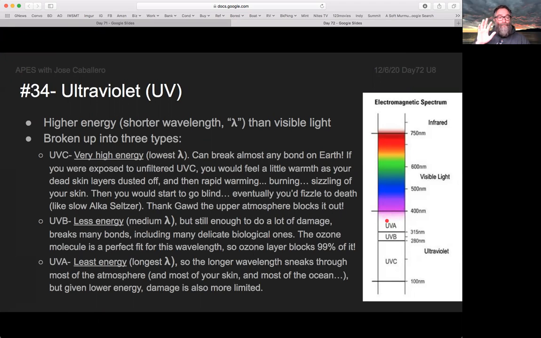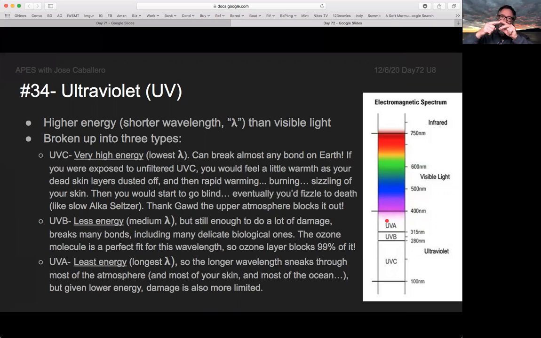UVB is a medium energy, and still does a lot of damage. It's still dangerous to life on Earth. And that UVB wavelength is a perfect match for this one magical molecule, ozone. Thank the gods, this is so lucky that ozone, O3, is the exact size of bonds.